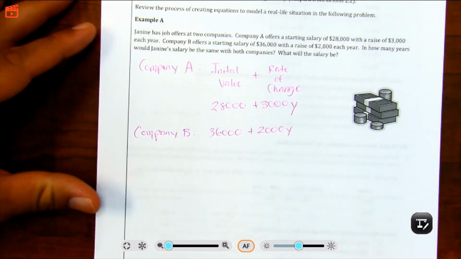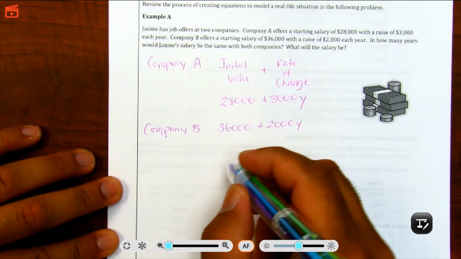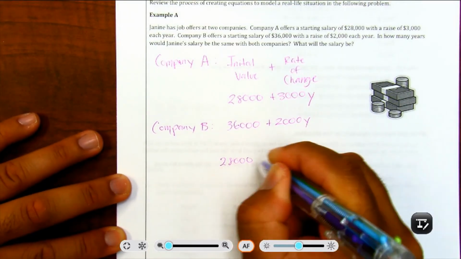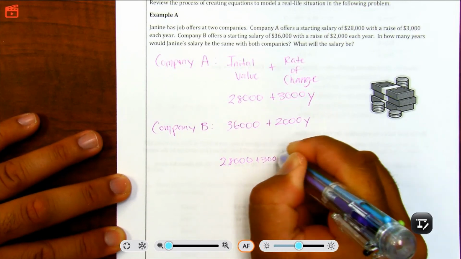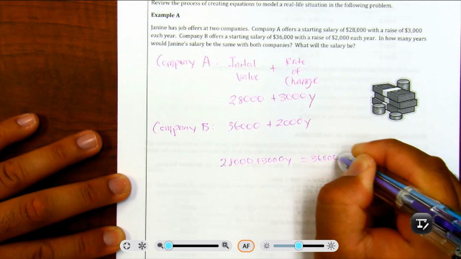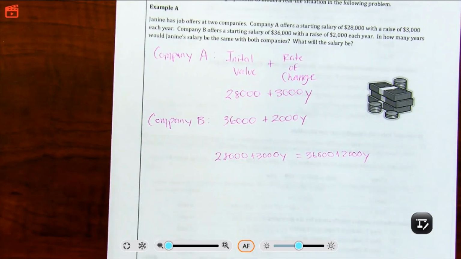So what we want to do is set both companies equal to each other. So company A, $28,000 plus $3,000y is equal to company B, which is $36,000 plus $2,000y. Let me subtract $2,000y from both sides.